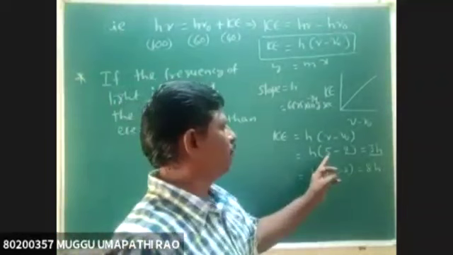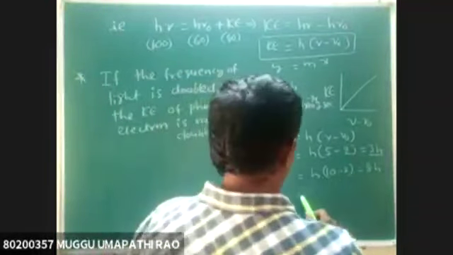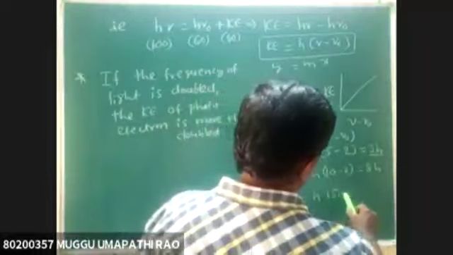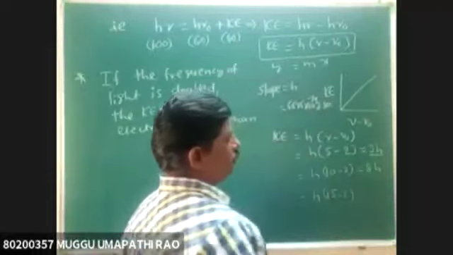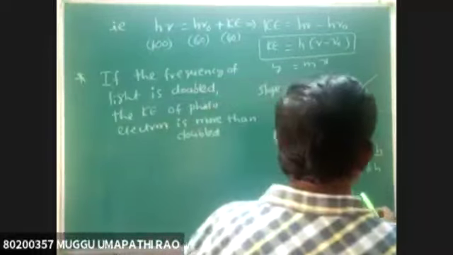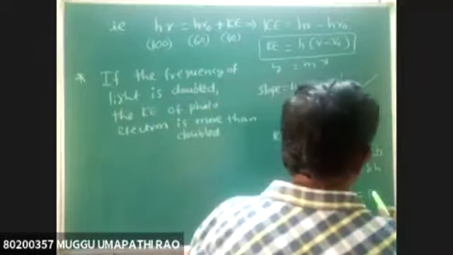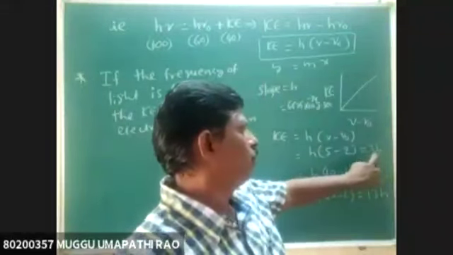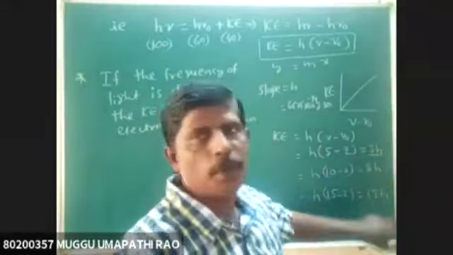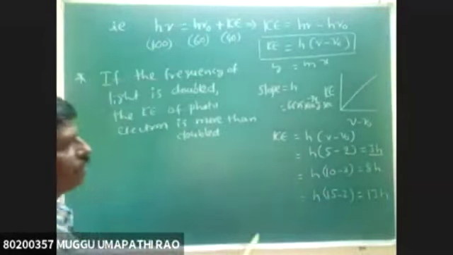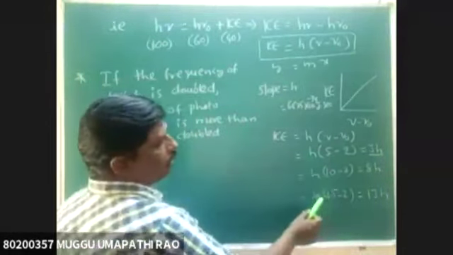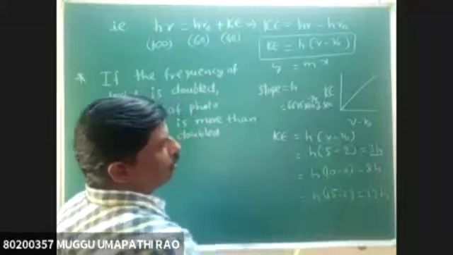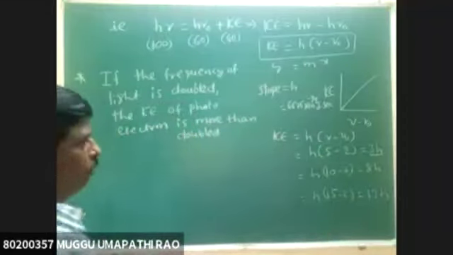Suppose the frequency is tripled, now let us see one more. h(15 − 2). The frequency of light is tripled, then what do we get here? 13h. You take 3 times 3h, that becomes 9h. More than tripled. If frequency is tripled, kinetic energy is more than tripled. If frequency is doubled, kinetic energy is more than double.